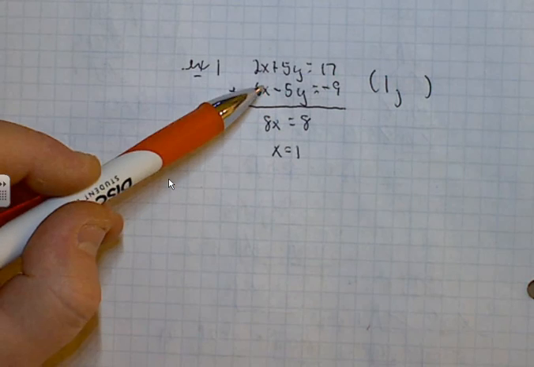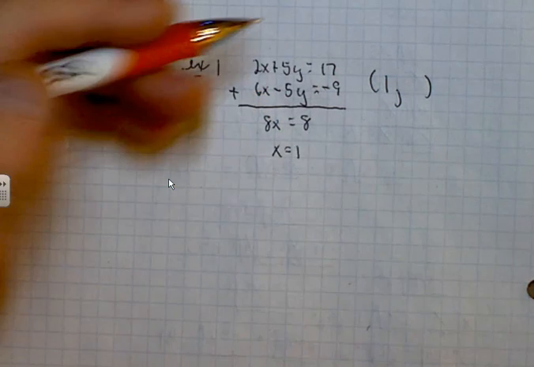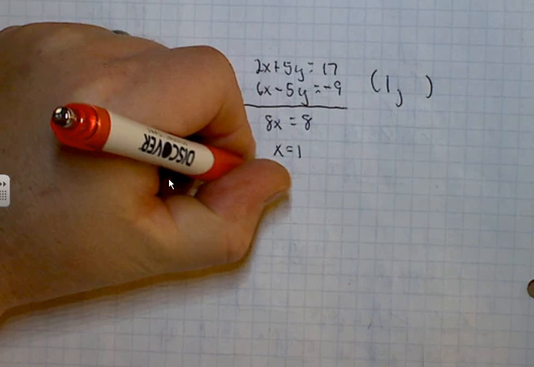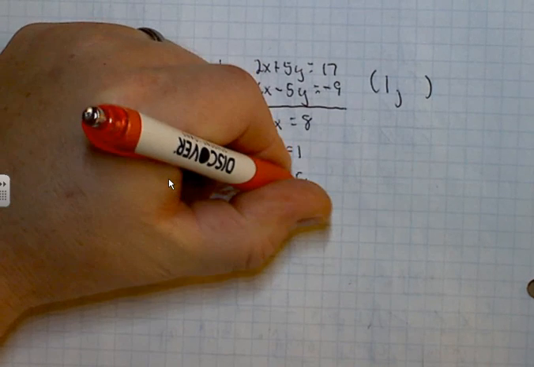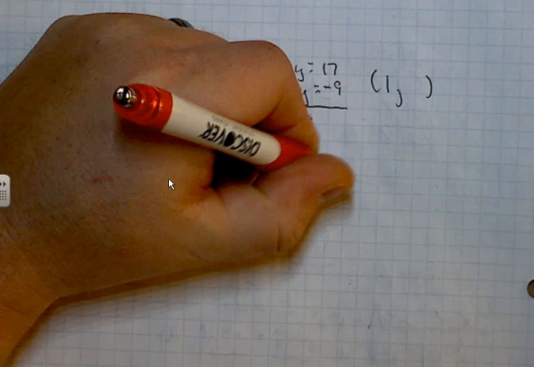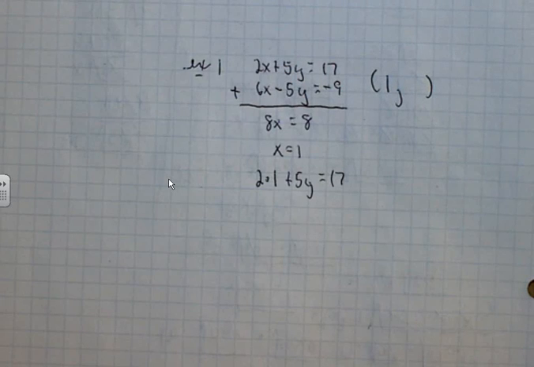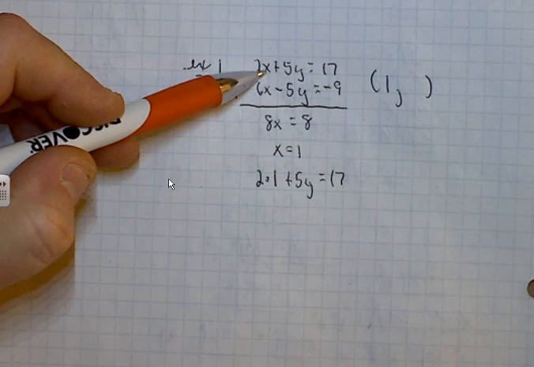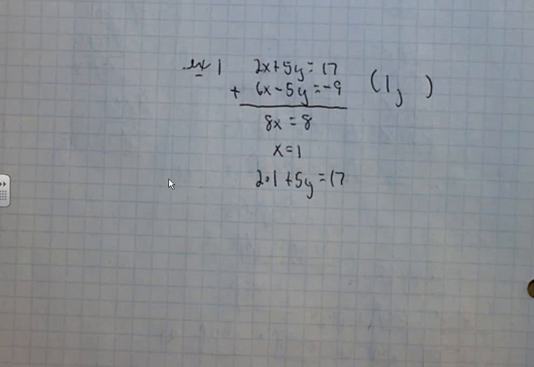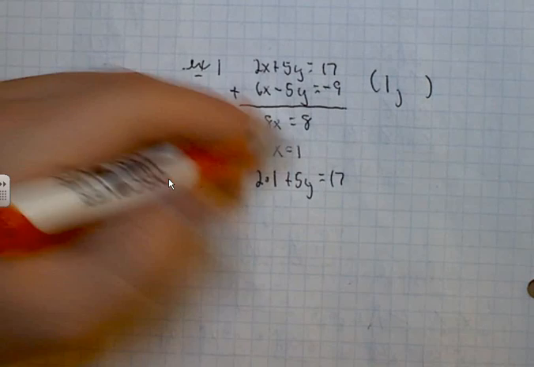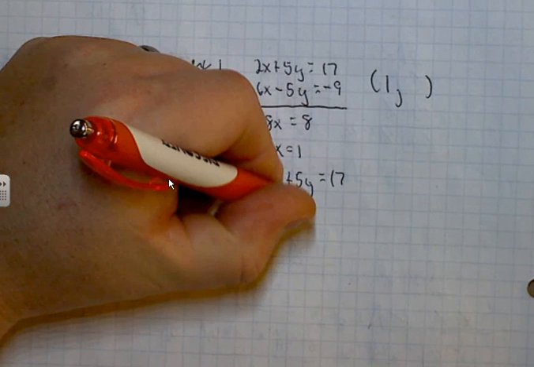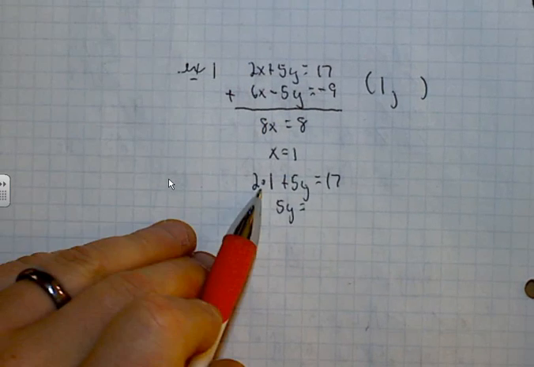That'll give us 2 times 1 plus 5y equals 17. Took the x out, put 1 in its place. It's 2 times 1. You got to move the 2 over here and subtract it.